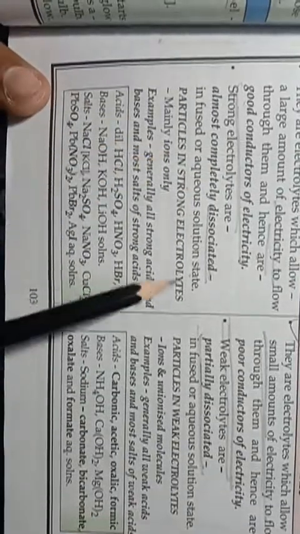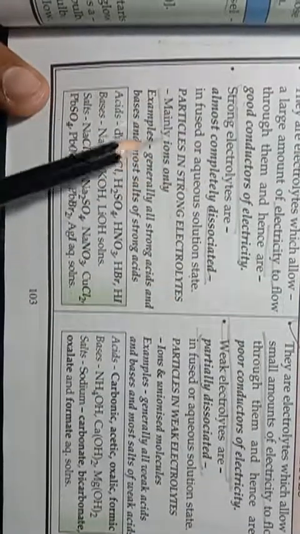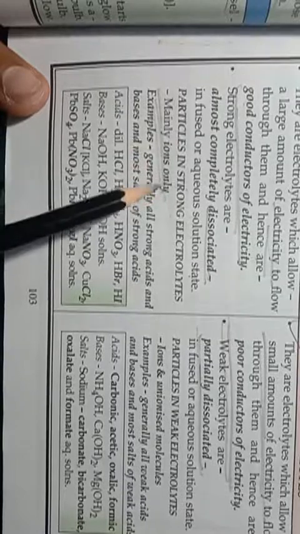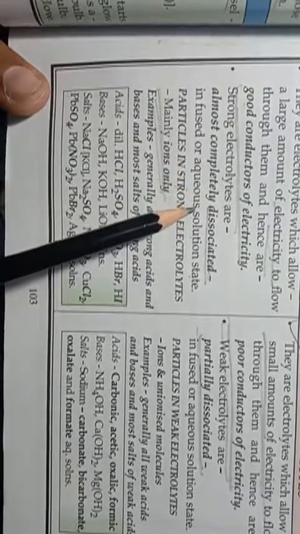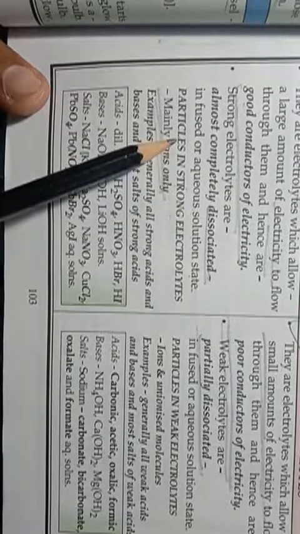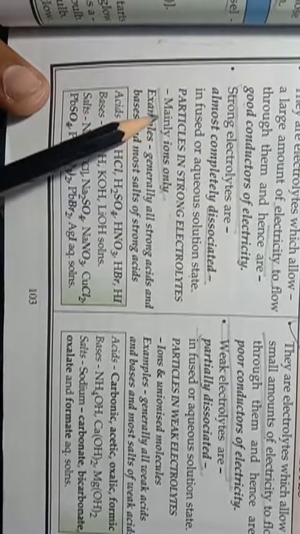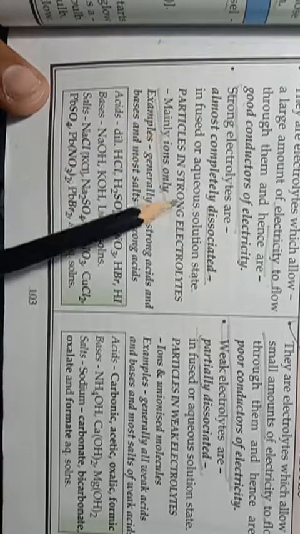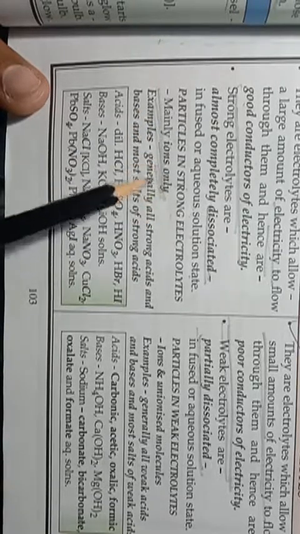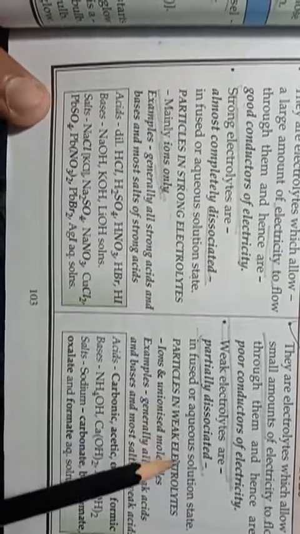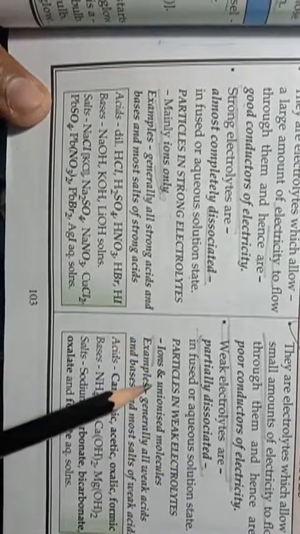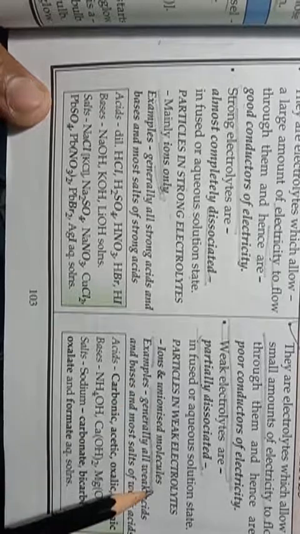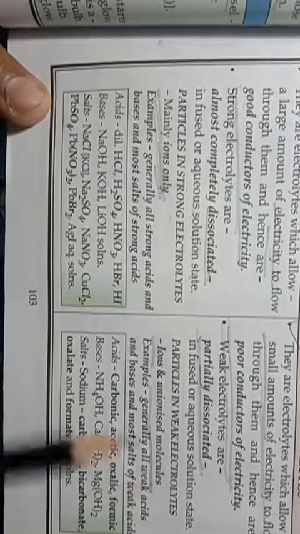Then particles in strong electrolytes are mainly ions only, because all molecules dissociate in the form of ions. So in strong electrolytes the particles present in the medium will be ions only, but in weak electrolytes, due to partial dissociation, both ions and unionized molecules will be present.